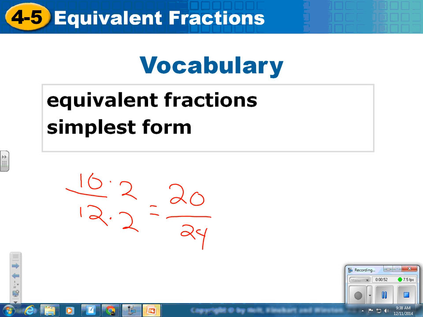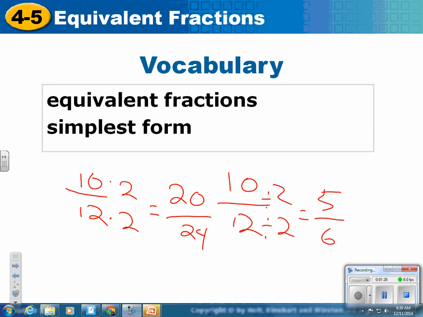Also, 10/12, I could divide by 2, and I end up with 5/6. To prove it, here, calculator. What is 10 divided by 12? .83 repeating.